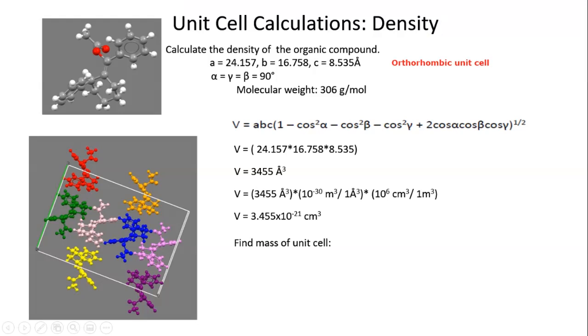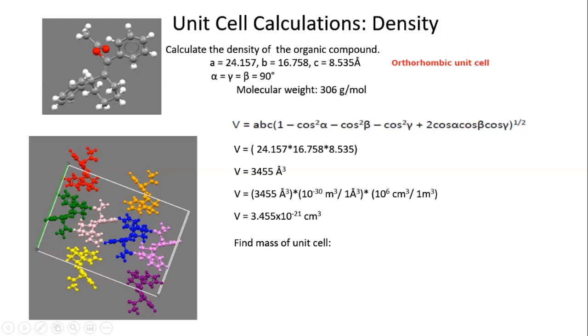Now we need to work on finding the mass of the unit cell. If you look at the diagram to the left, the different color molecules indicate how many molecules are in the unit cell. If we count here, we see that there are a total of 8 molecules in the unit cell.